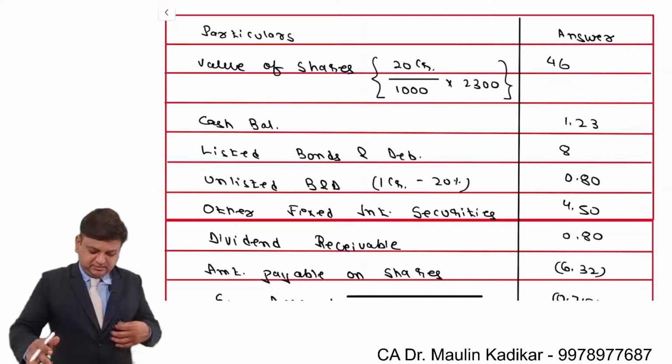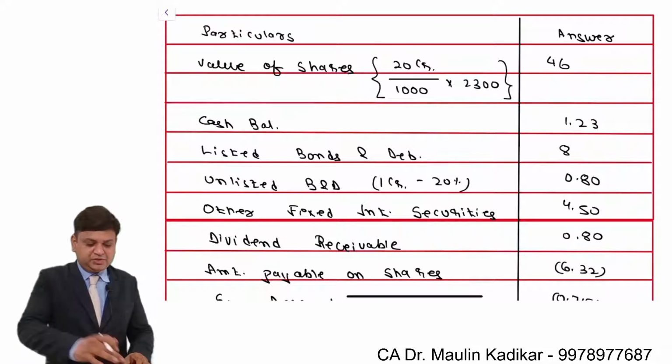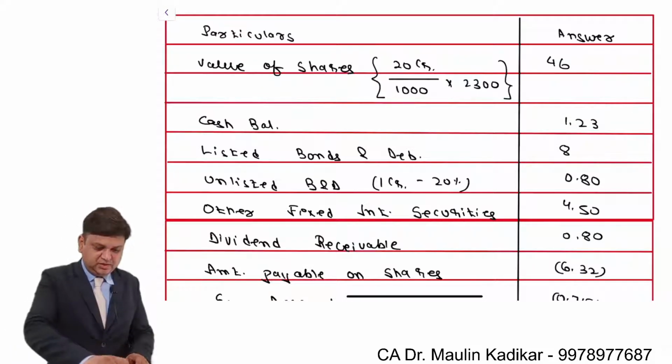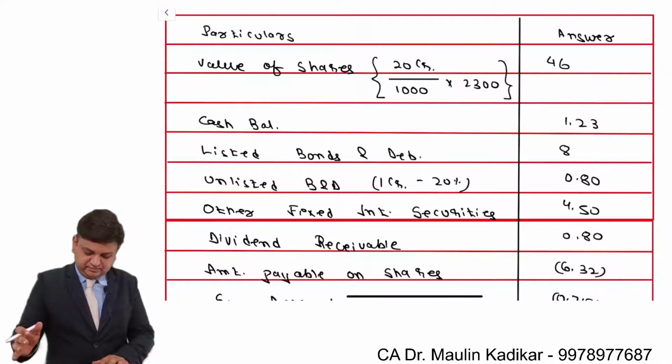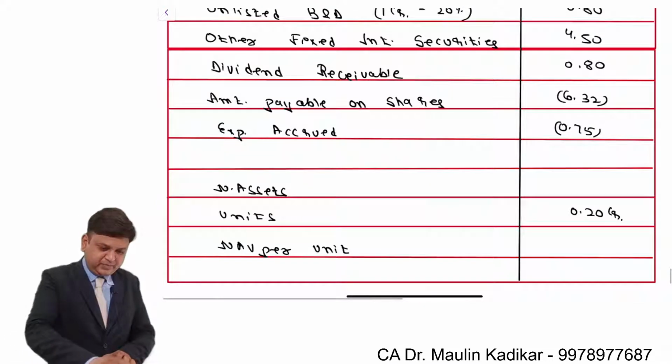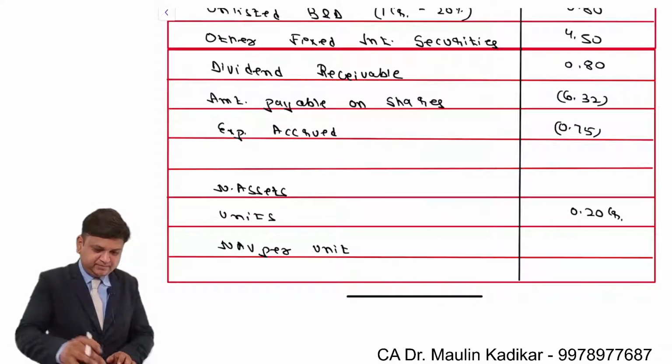So write an answer. NAV calculation: 46 crore plus 1.23 crore plus 8 plus 0.8 plus 4.5 plus 0.8 minus 6.32 minus 0.75.